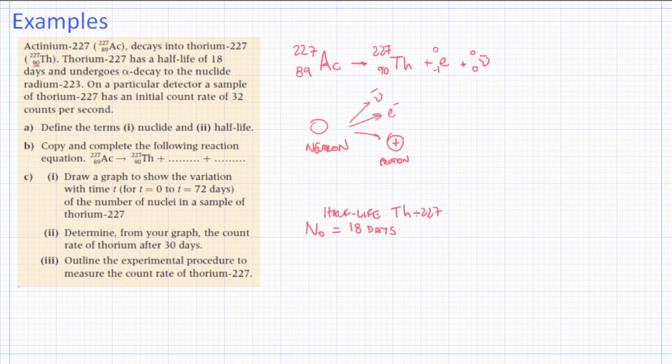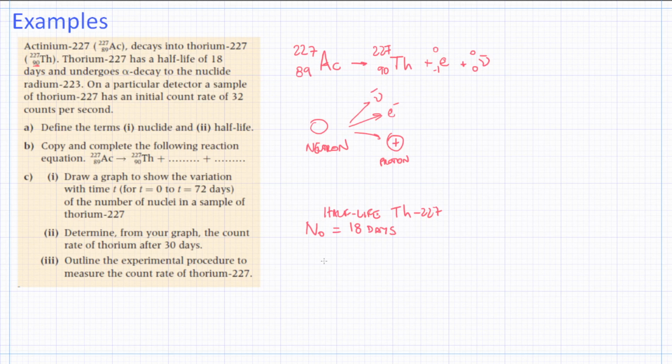If we just say thorium, it would be ambiguous. We wouldn't know what kind of thorium you are talking about. Well, now this thorium, which is one of the daughters from our first beta minus decay, is going to undergo an alpha decay to the nuclide radium-223.